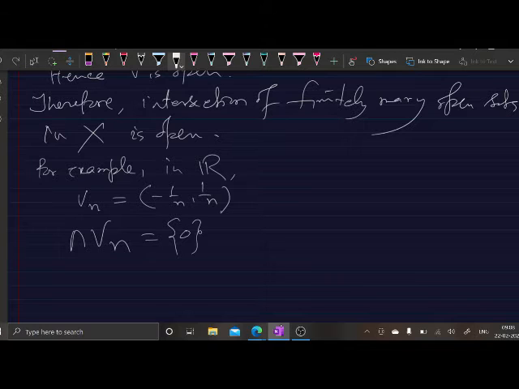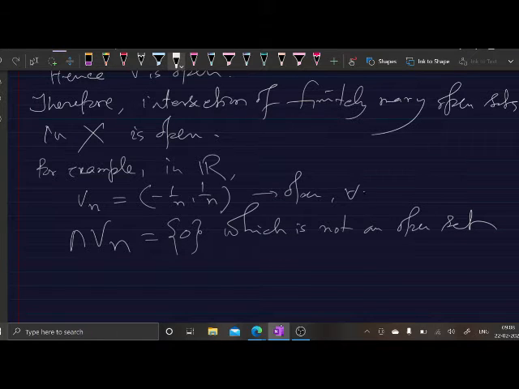This is {0}, which is not an open set, although these are all open. Okay, so for arbitrary intersection, the statement doesn't follow.